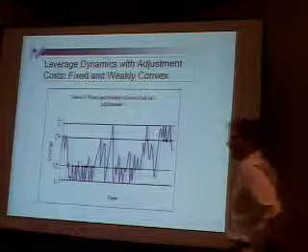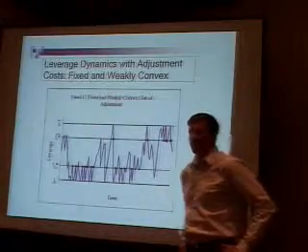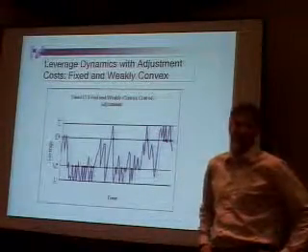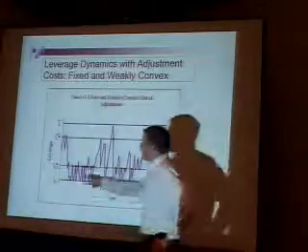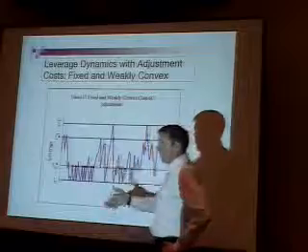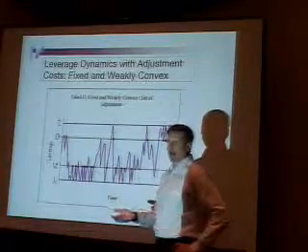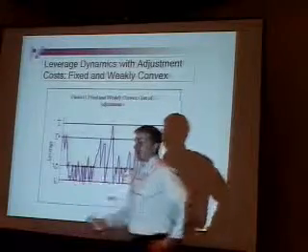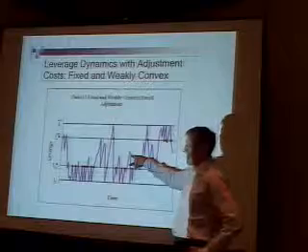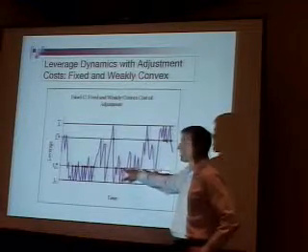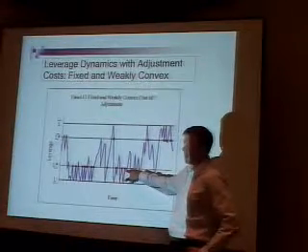If you take a Fisher, Heinkel, and Zechner type of model, a dynamic model of capital structure with adjustment costs, the way that adjustment should look is your leverage ratio, you'll let it wander around with changes in the value of the firm, i.e. the shocks to equity, until you hit some boundary. And then with fixed and weakly convex cost of adjustment, you don't adjust all the way back to your target, you only adjust back to some intermediate level, right?